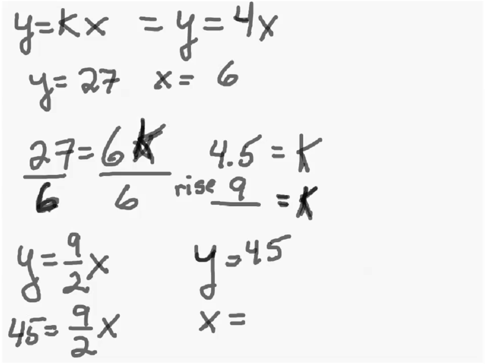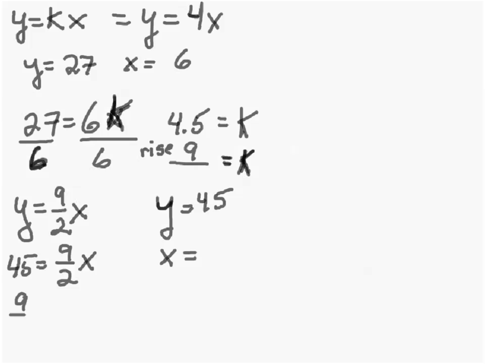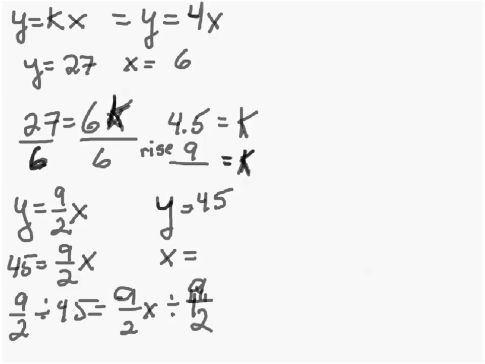So basically, we're dividing the 45. So we have 45 divided by 9 halves equals 9 halves x divided by 9 halves. So, how do we divide a fraction?